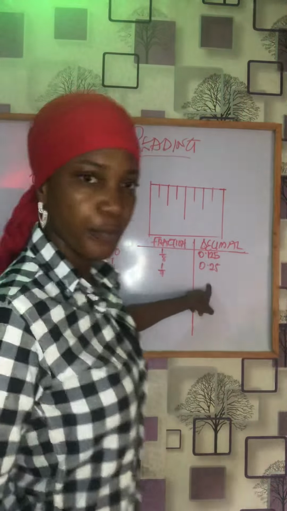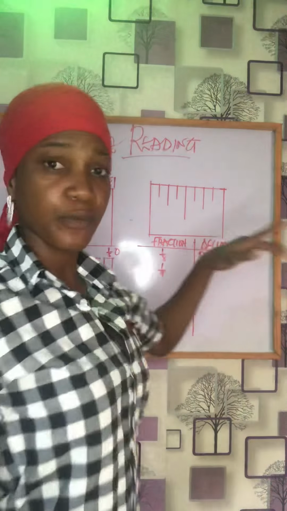You want to convert it using your phone. That will be 28.25. 28.25 is the same thing as 28 1 over 4. 1 over 4 is 0.25. 1 over 8 is 0.125.